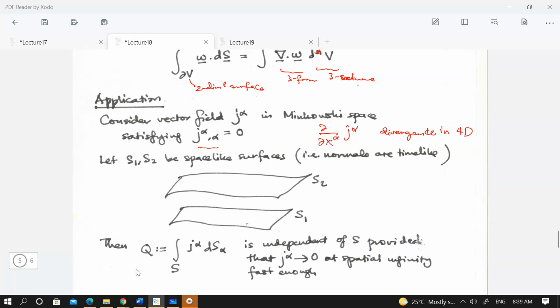So this is now dJ, the exterior derivative. The dJ here is now integrated over a 4-dimensional space-time.